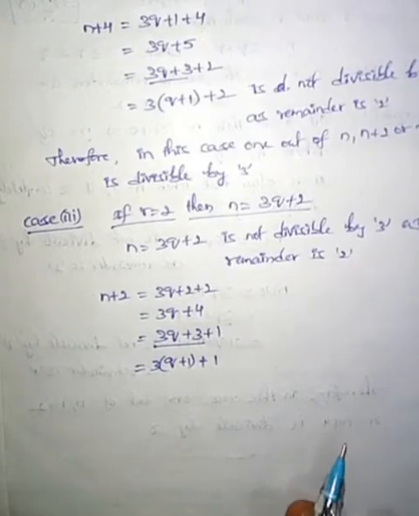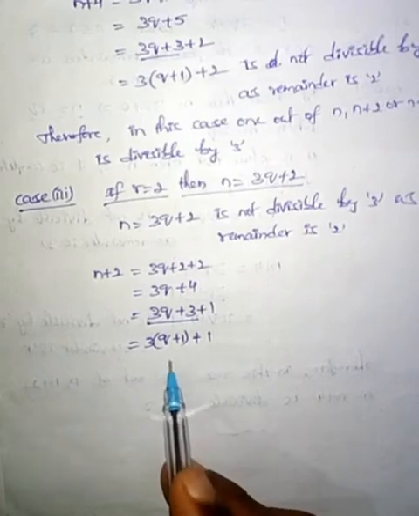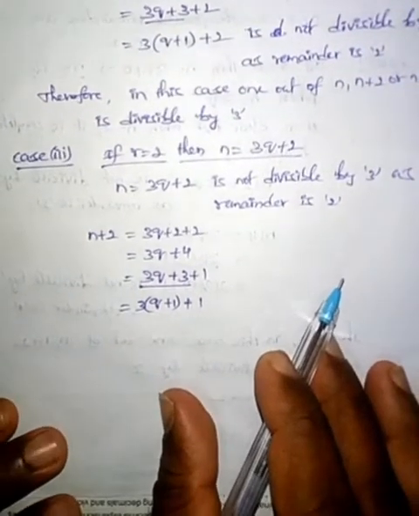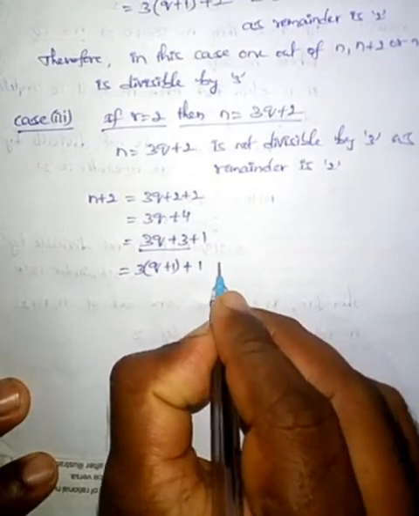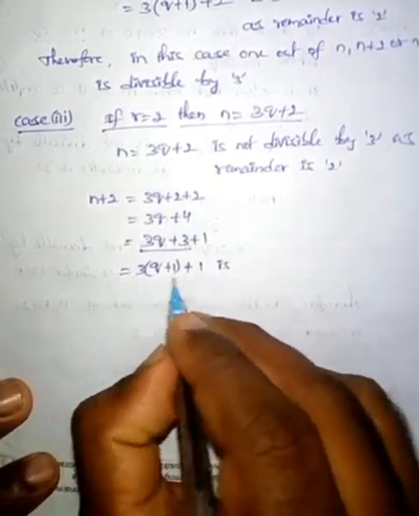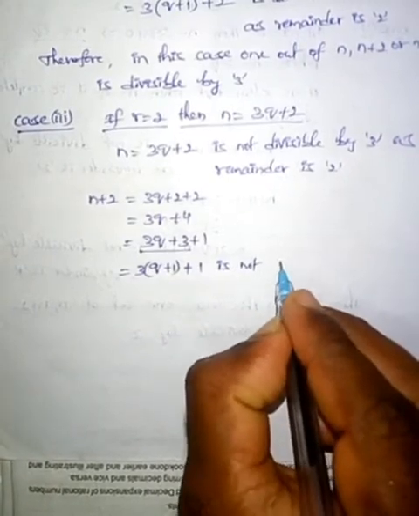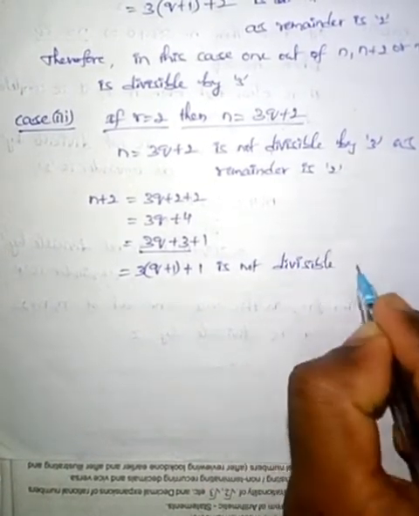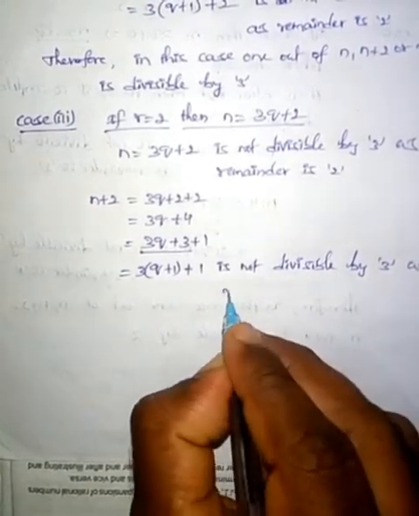It is also clear that when it is divided by 3 it leaves the remainder 1 because it is 3 into something plus 1. So this is also not divisible by 3, as remainder is 1.